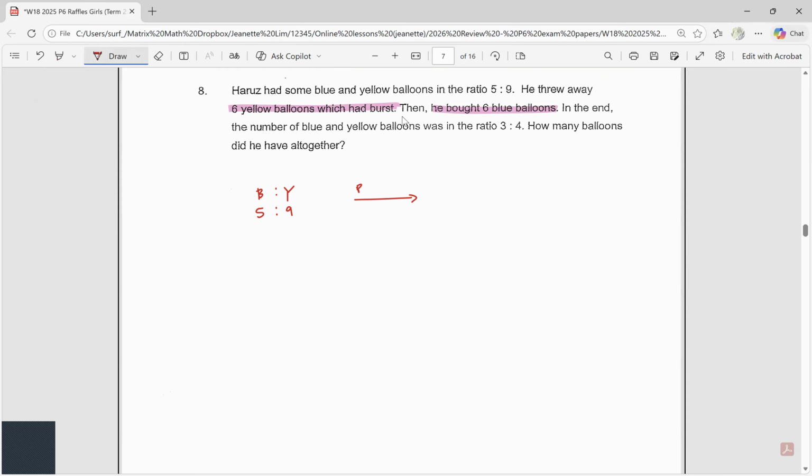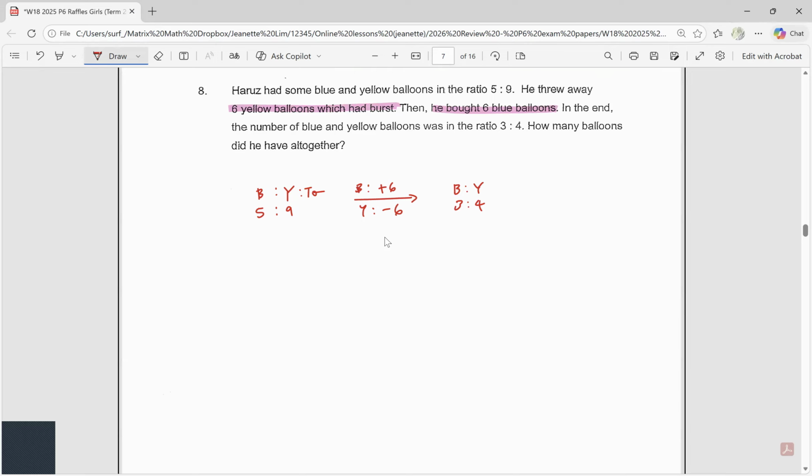So blue will be plus 6, yellow will be minus 6. In the end, the ratio blue to yellow is 3 to 4. Now, if you look at this part here, you add 6, you minus 6, right? So what doesn't change? The total remains the same. Because if you add 6, you remove 6, it will still be the same total, right?